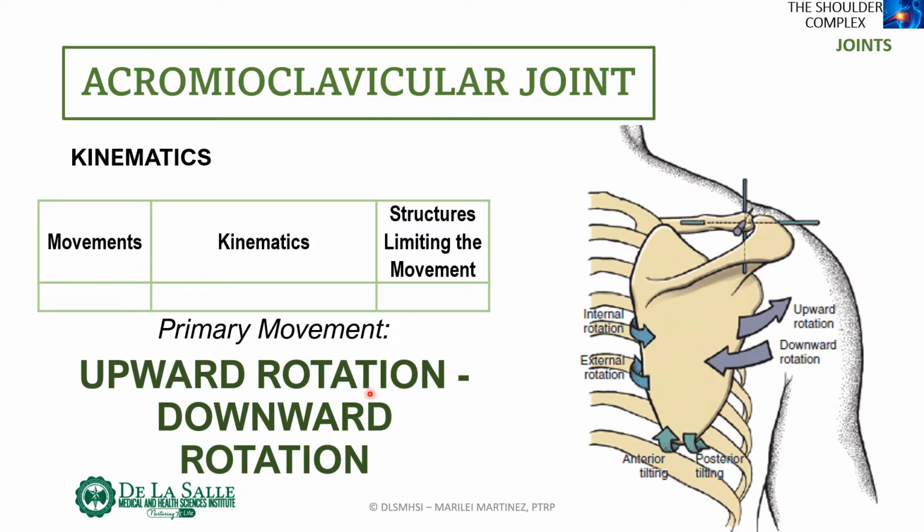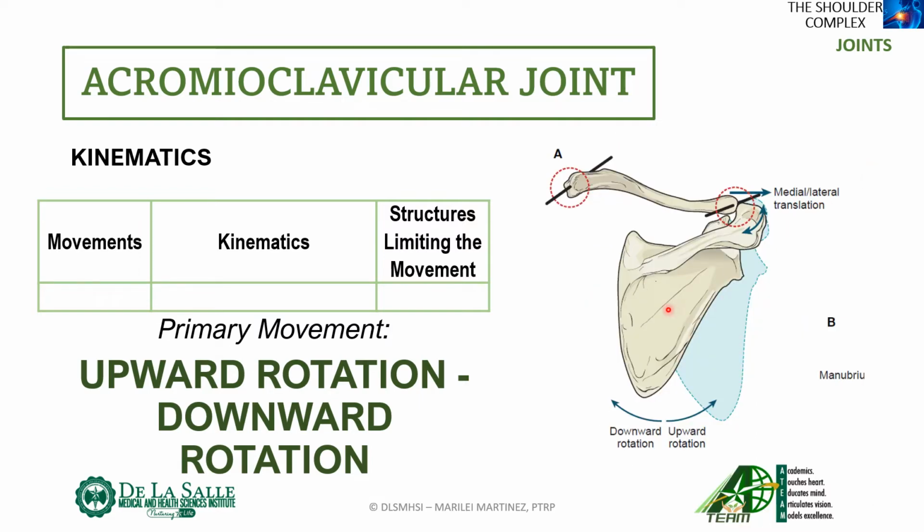So we have your upward rotation of the scapula and downward rotation of the scapula at the acromioclavicular joint. For the upward rotation of the scapula, we have a better illustration here. Upward rotation of the scapula at the AC joint occurs as the scapula swings upwardly and outwardly relative to the lateral end of the clavicle.